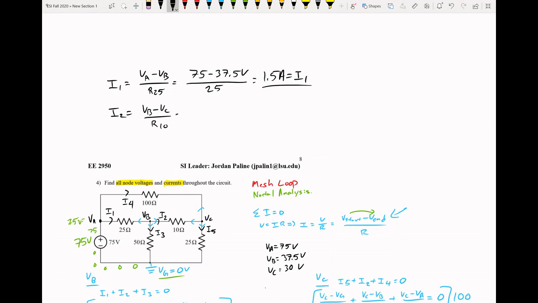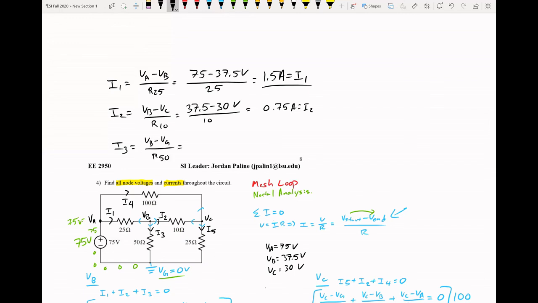So 37.5 minus 30 volts over 10 ohms would give us 0.75 amps for I2. I of 3 will be equal to V of B minus V of G over R50.